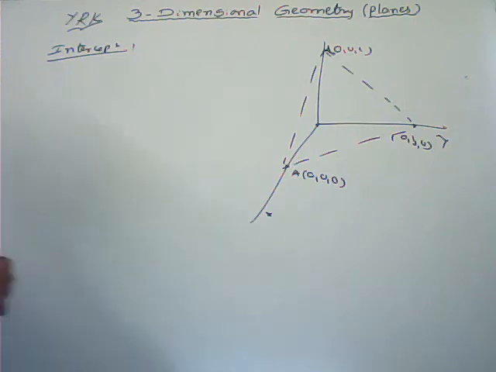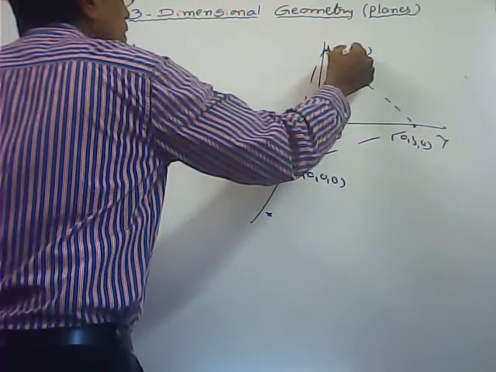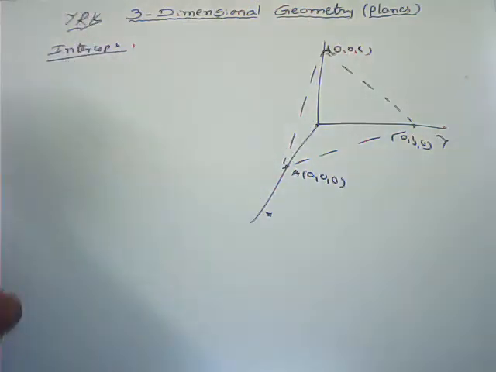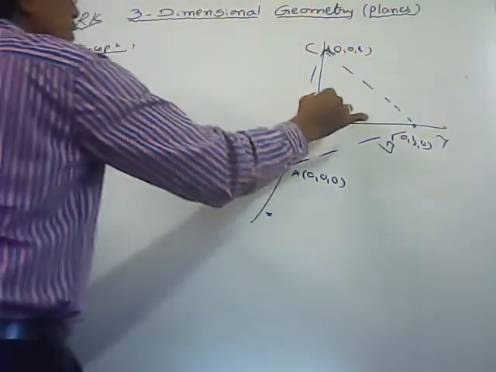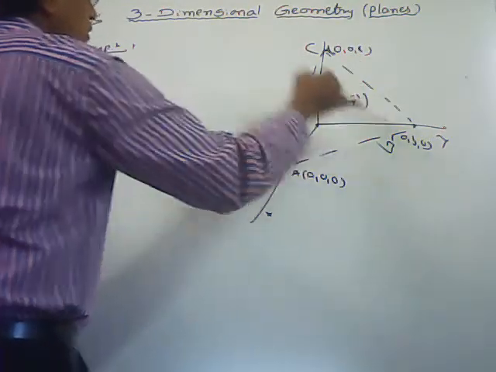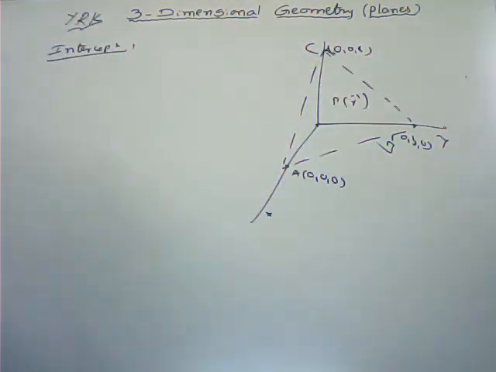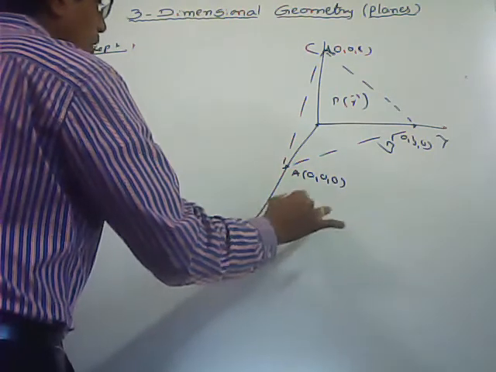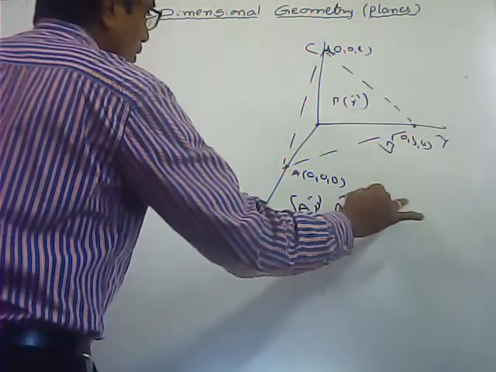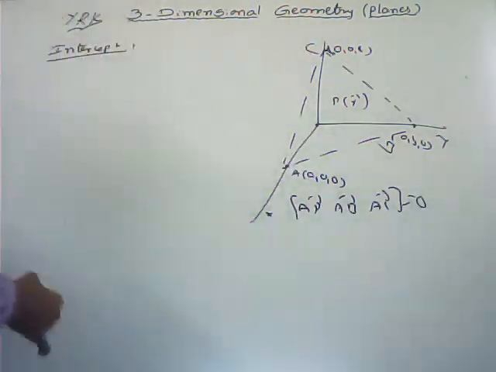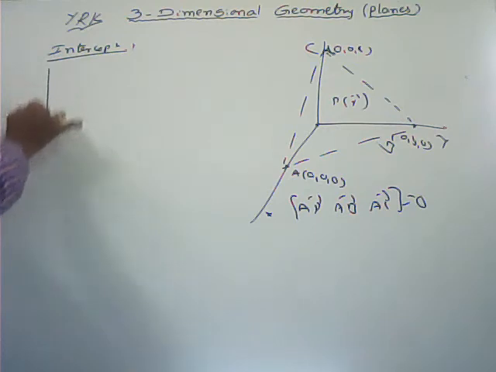Previously also I told you the equation of the plane passing through three points. You can take the variable point P, whose position vector with respect to the origin, OP bar, is equal to R bar. Now the box product of AP bar, AB bar, AC bar should be equal to 0. Now that is the determinant only.